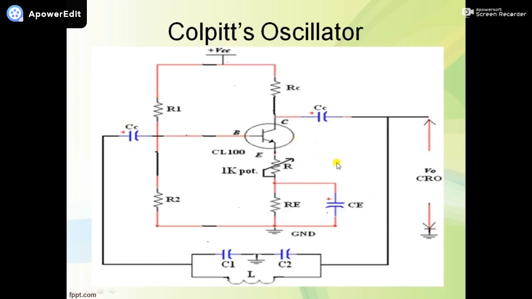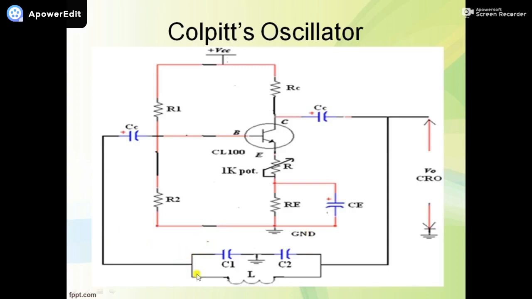Another statement of the Barkhausen criteria is A beta equal to 1. When you maintain A beta equal to 1, only then can we get a proper frequency of oscillation.